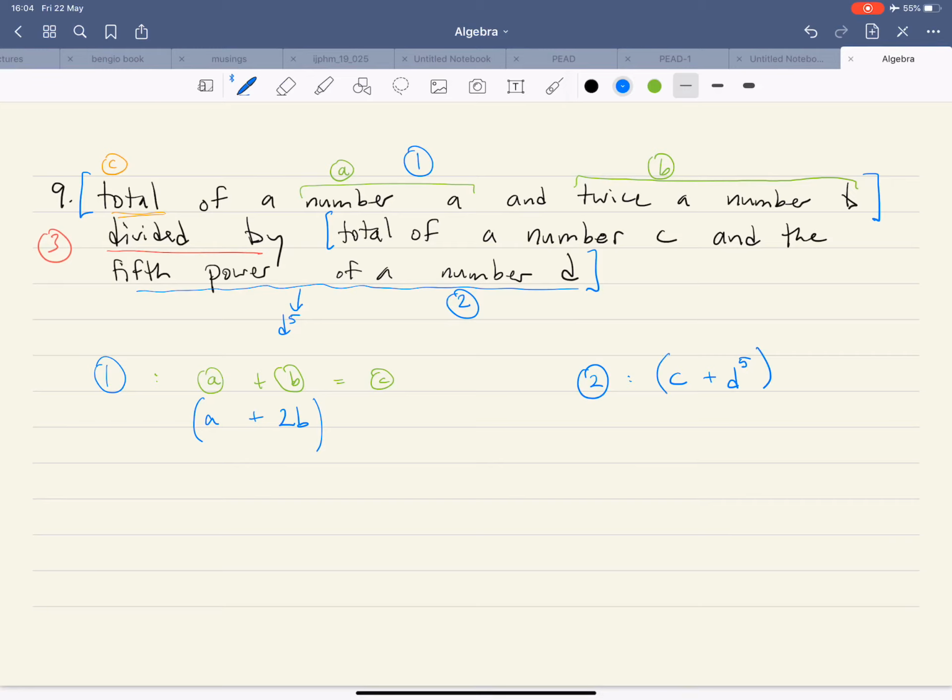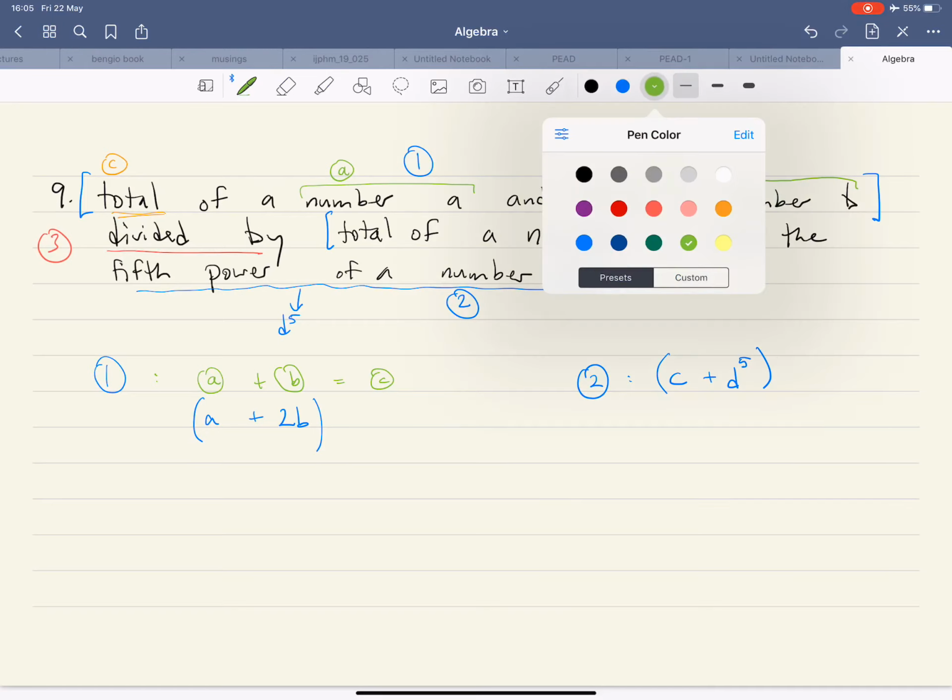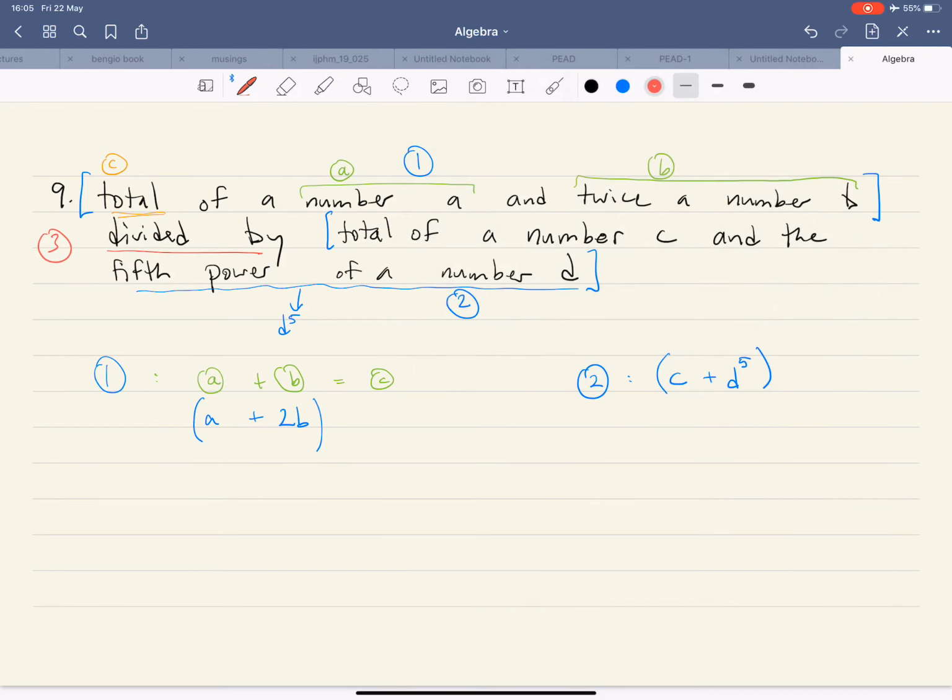Okay, and then finally, I'm going to go back and combine these with my number 3, which is going to be 1 divided by 2, right? It's this total of a number A and twice a number B divided by the other total. So 1 divided by 2, that's going to be A plus 2B quantity divided by quantity C plus D to the 5th. And that's my answer.